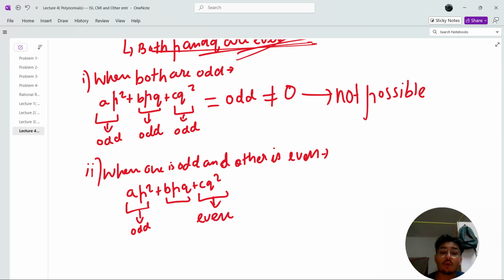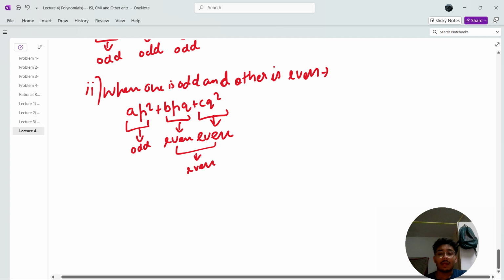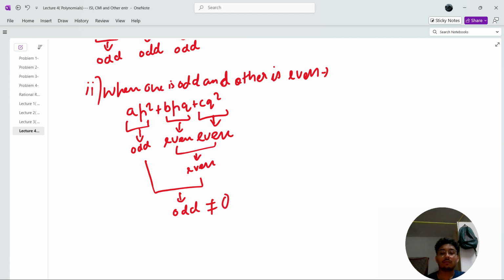Here, B is an odd number, P is an odd number. So odd into odd gives me odd, and odd into even, which is my Q, gives me even. So my summation of two evens is going to be even, and my summation of odd plus even is always going to be odd, which is not possible for 0.